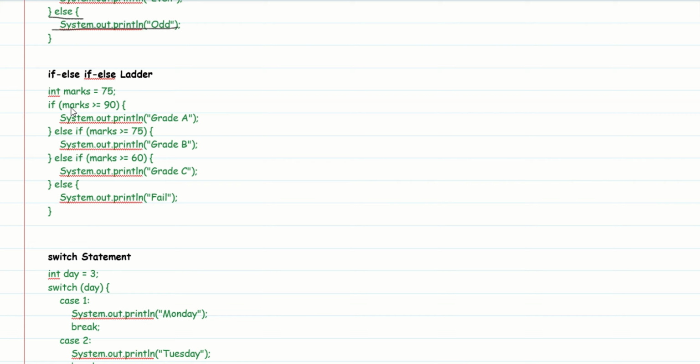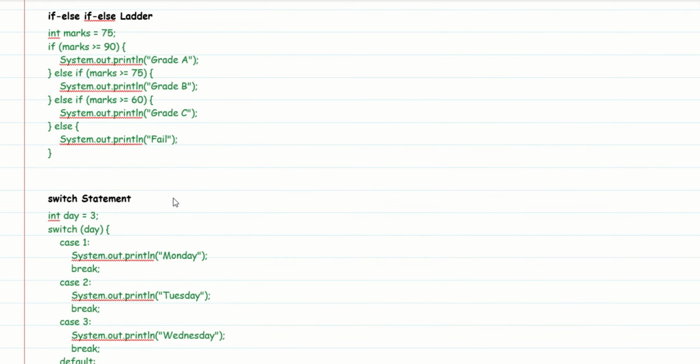If it is, show on the console grade A. Then if it is greater than or equal to 75, grade B, or if it is greater than 60, show grade C, otherwise fail. This is the same syntax: if and the condition, and else if condition with braces and the statements. You can again have multiple statements here, and at the end an else statement. If none of these match, the final statement will be executed.